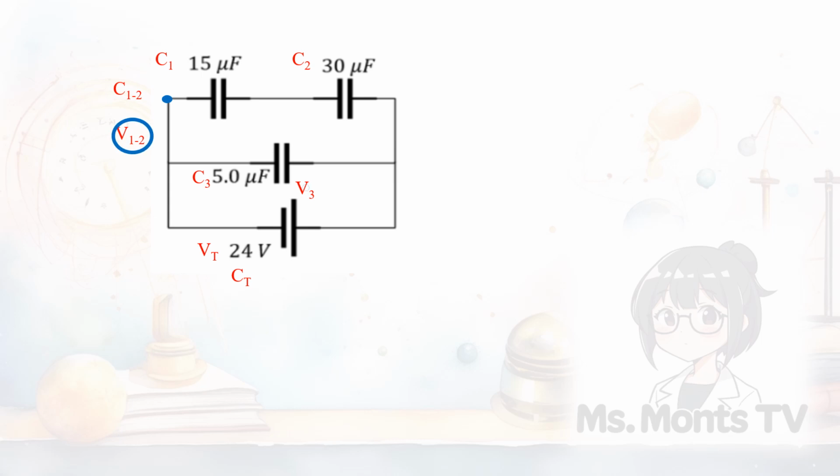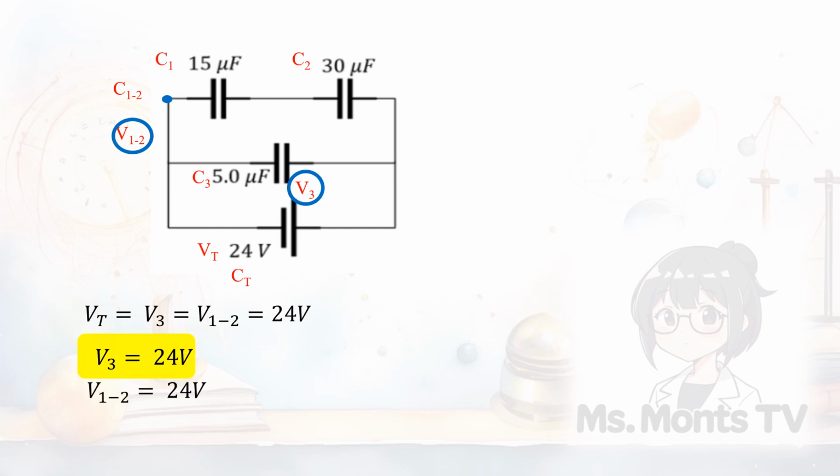So V total, since V3 and V12 are parallel, meaning they are equal to the total voltage. So V3 is 24 volts, V12 is 24 volts also.